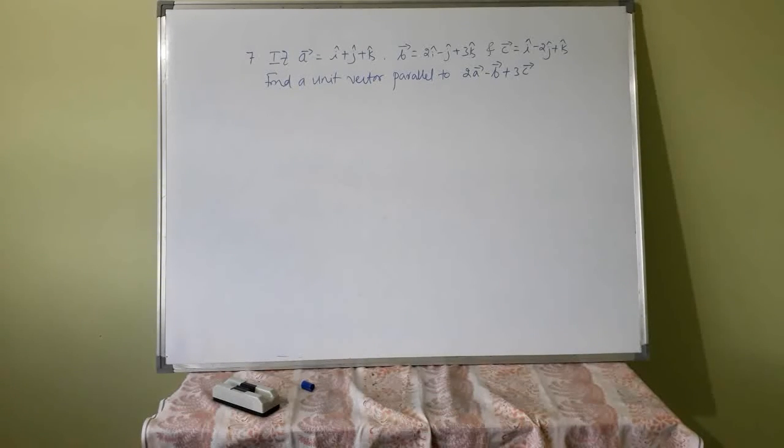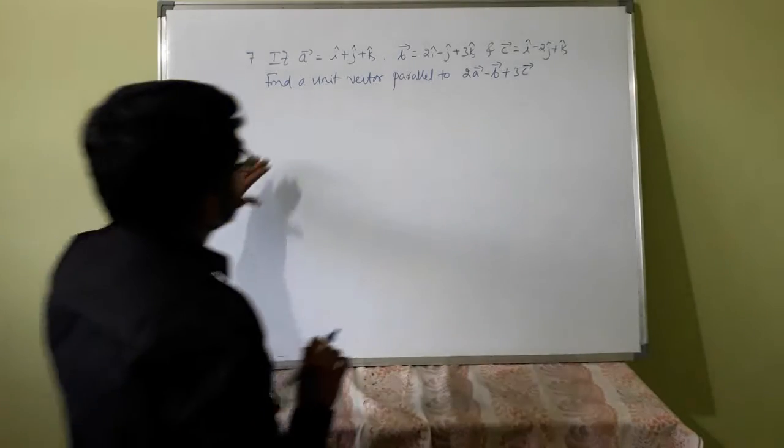If a is i plus j plus k, b is 2i minus j plus 3k, c is i minus 2j plus k, find a unit vector parallel to 2a minus b plus 3c. That means you have to find the unit vector of 2a minus b plus 3c.